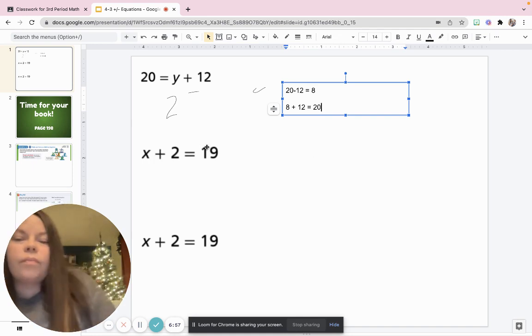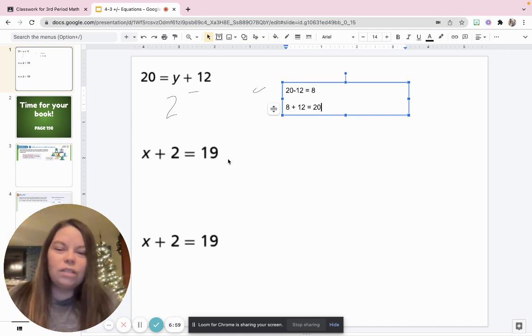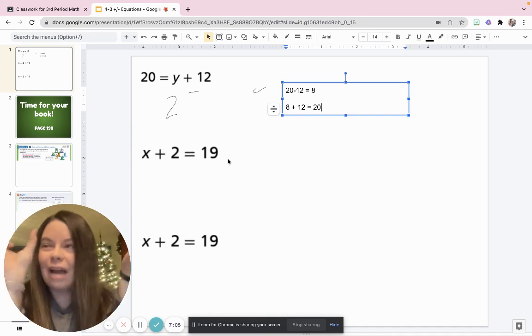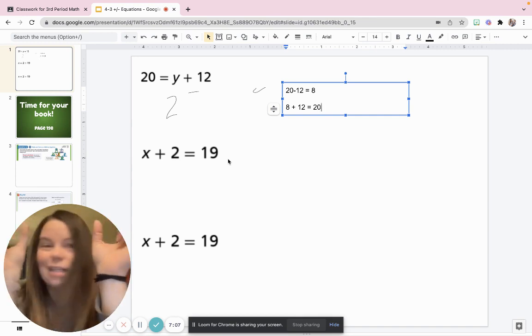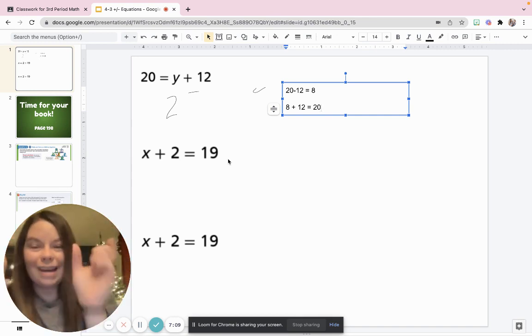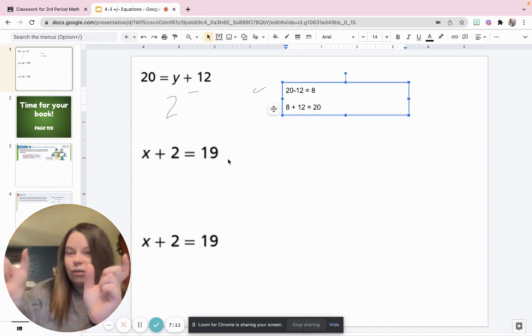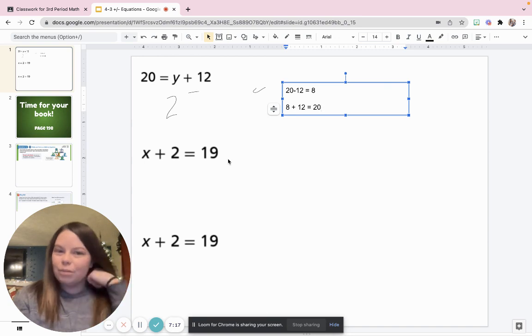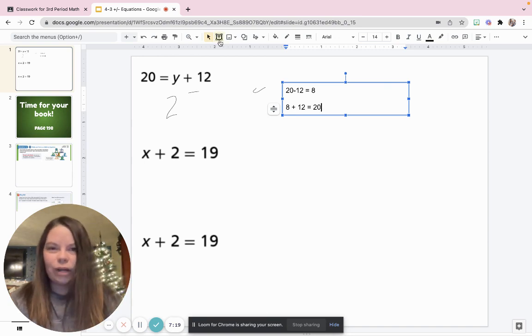Okay, so we have x plus 2 equals 19. All that means is a number plus 2 equals 19. I have to have the same amount on both sides of my equal sign, right? So if I've got 19 over here, I need to have 19 over here. But right now I only have 2. How do I get from 2 to 19? Well, that's why you're going to use your inverse operations, right?